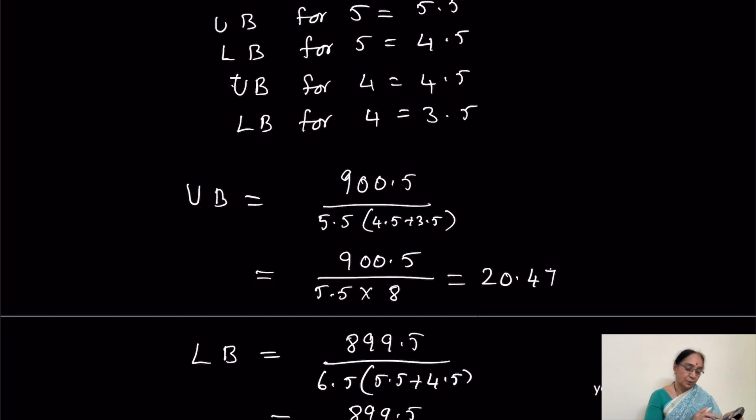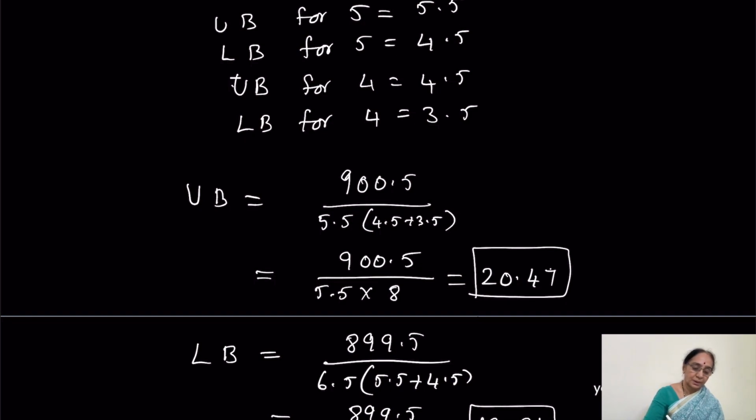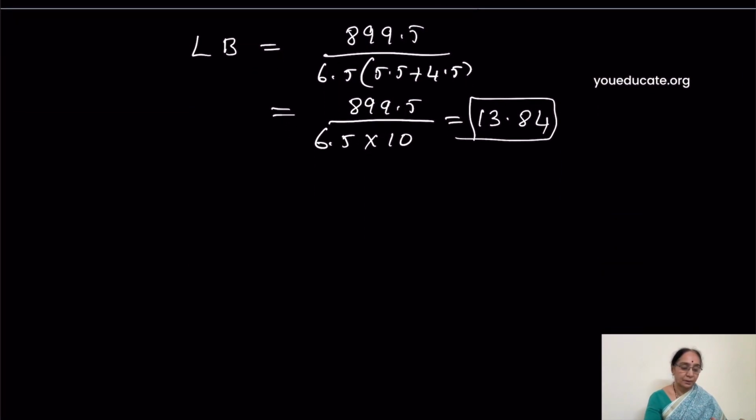Now for the lower bound, 899.5 divided by open parentheses 6.5 times 10, close, enter. 13.83, 13.84. So this is the upper bound of that calculation, and this is the lower bound. This is useful when you find area and perimeter kind of questions. You have to keep this in mind.